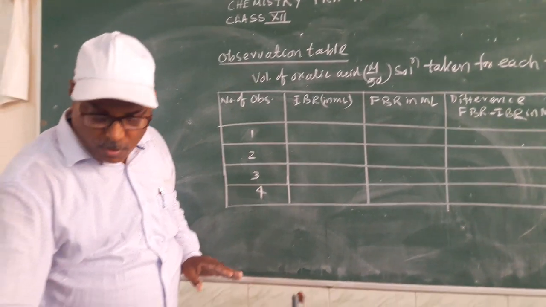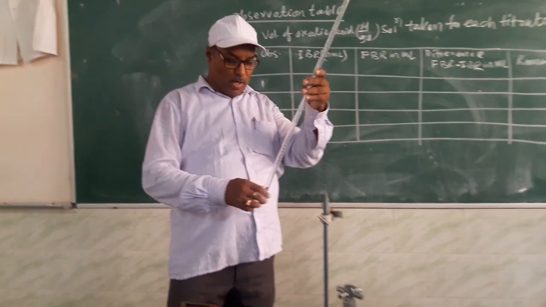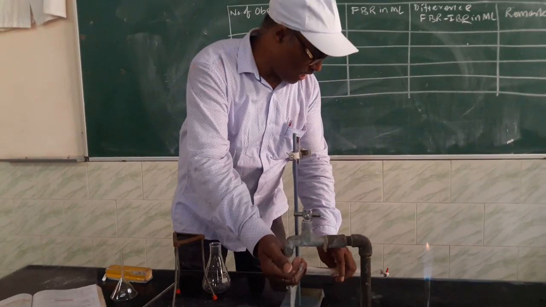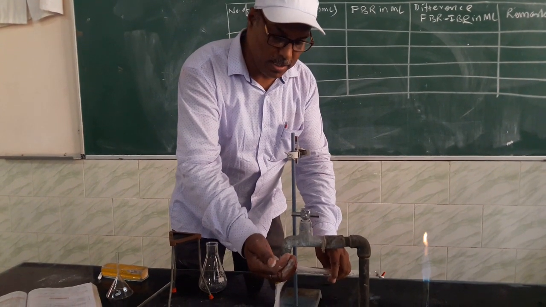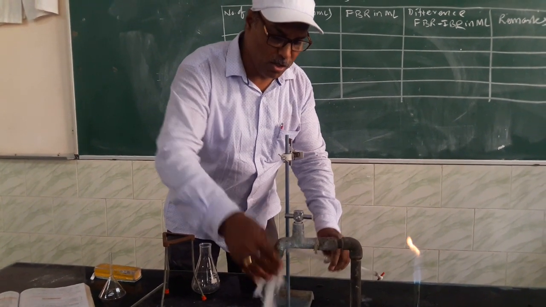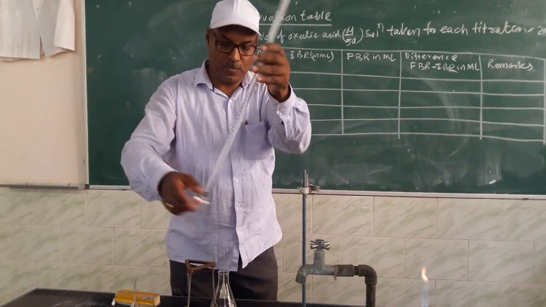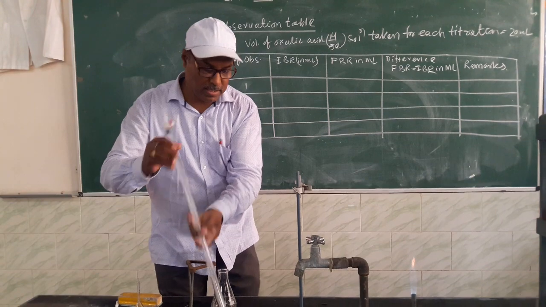Here first of all, the burette is to be rinsed. It is to be washed first because it is kept in the laboratory for a long time. So by using the tap water, we have to first of all wash it. So we have to wash several times.